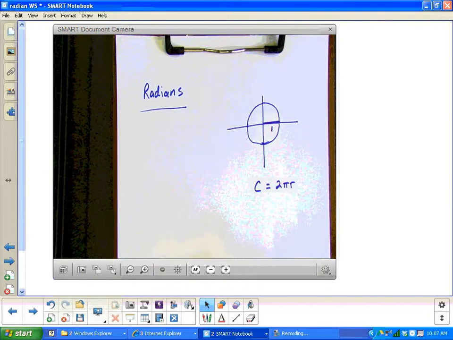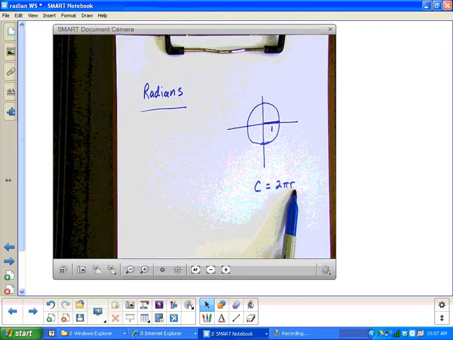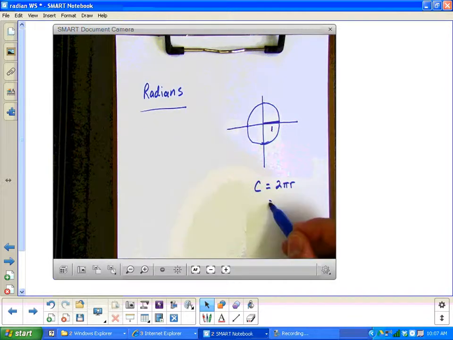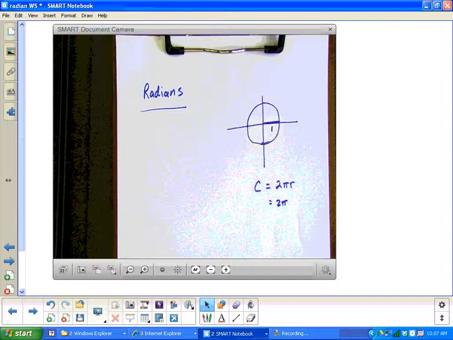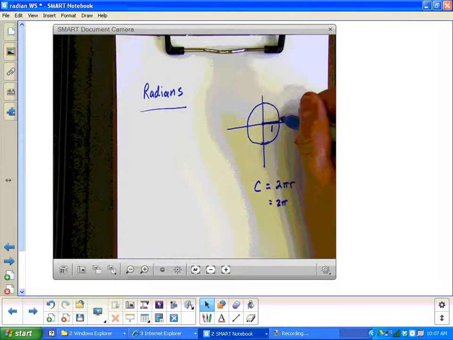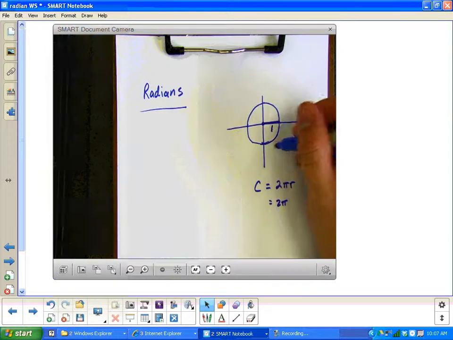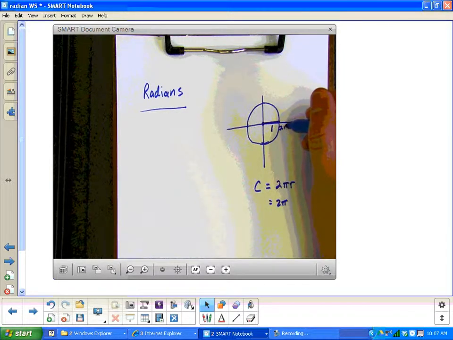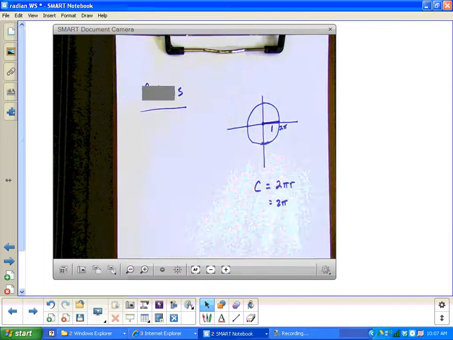Now, if my radius is just 1, then 2 pi times 1 would just be 2 pi. So if I was starting right here, and let's say that this was 1 mile from the center, and I walked all the way around, then this would be 2 pi miles. The distance around the circle is 2 pi.